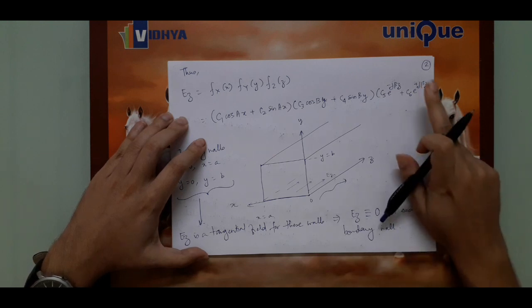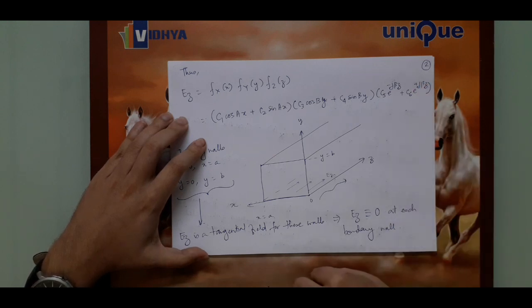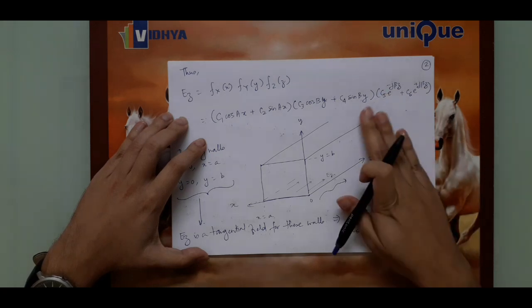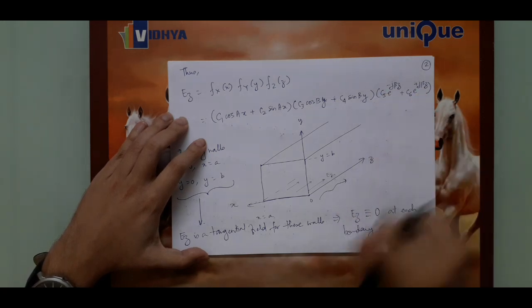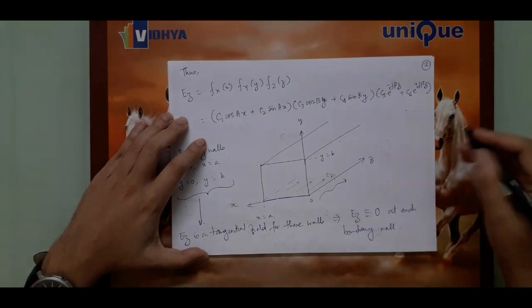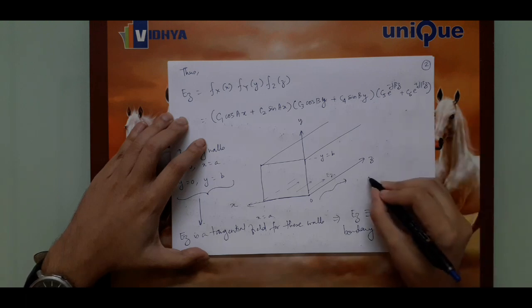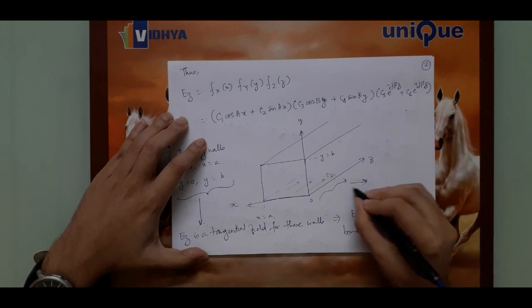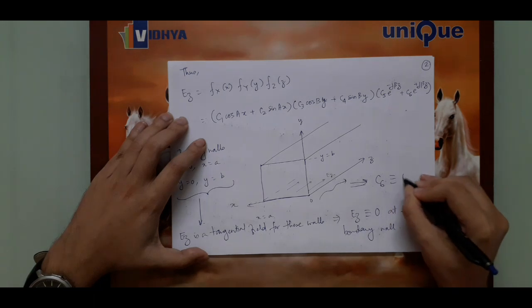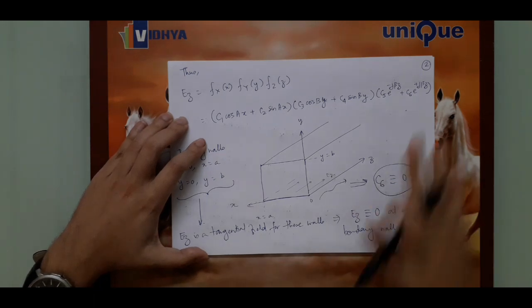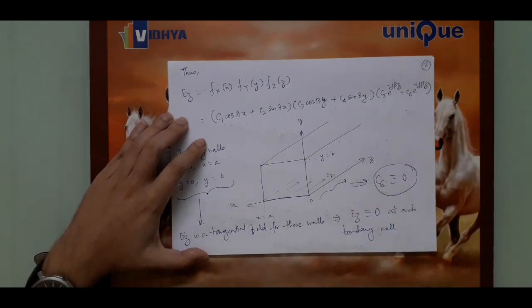Well, I can say that there will be no reflected wave, because until I reach the end of the waveguide, there will be no reflected wave. So therefore, I can say that a single wave implies C6 becomes identically 0. There is no reflected wave at this moment.